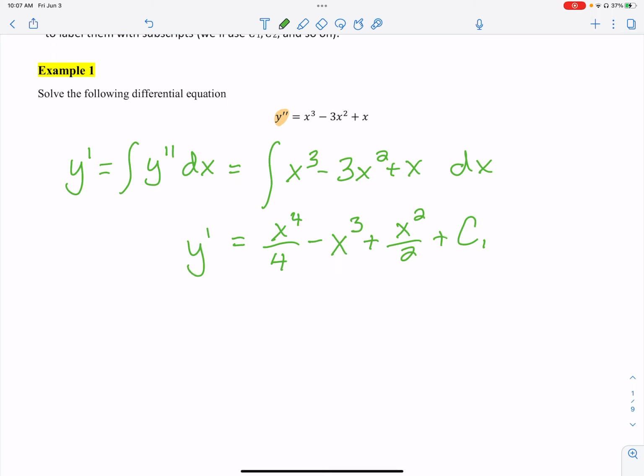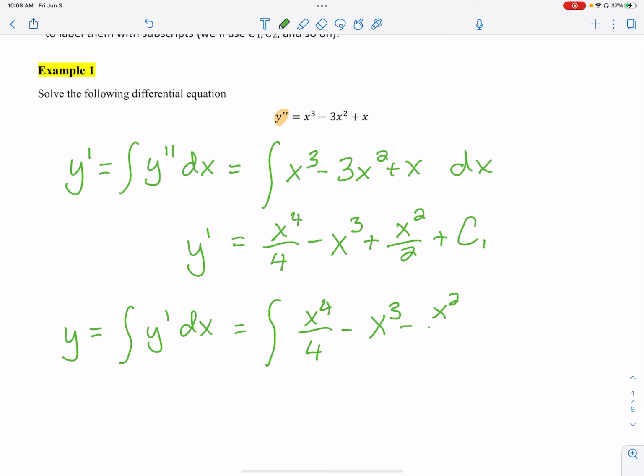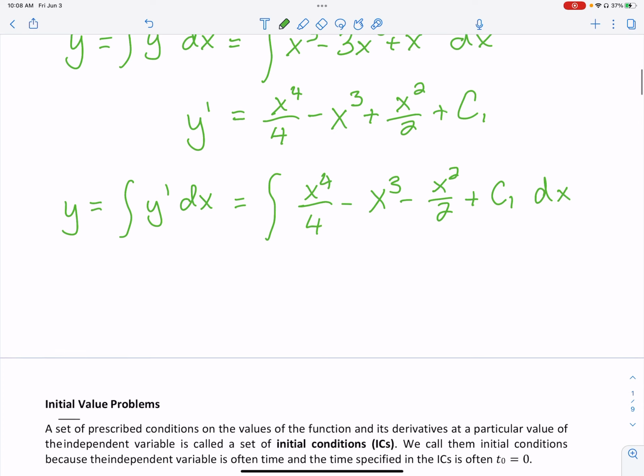So now I'm here. How do I get from y prime to y? Well, if I want y, I take the integral of y prime. So that's the integral of what's there. And the c counts as a number, it's just a constant there.